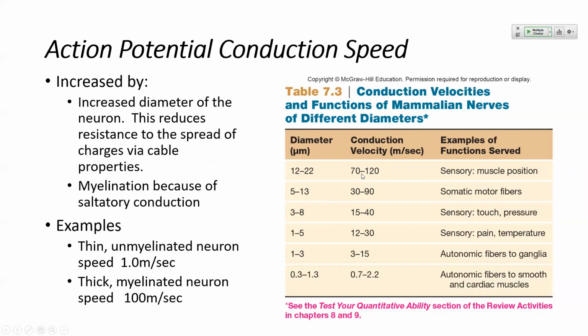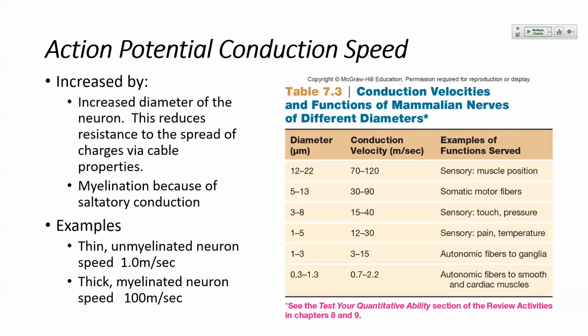Somatic neurons, which are like your muscle neurons, have a larger diameter as well, whereas autonomic neurons to the bottom here, these are going to be involved in smooth muscle innervation, cardiac muscle innervation, glandular innervation. They typically have a smaller axon diameter, and so they're going to conduct much slower than your larger neurons that are involved in moving big muscles, in sensory perception, and so on.